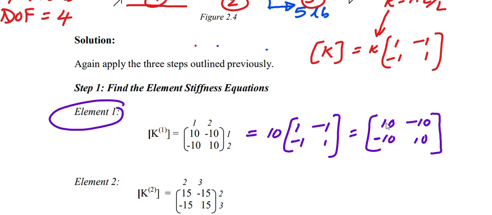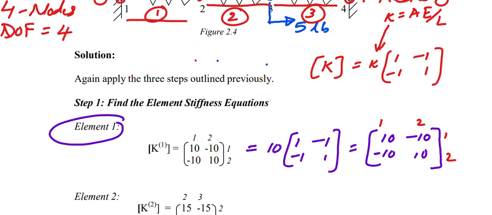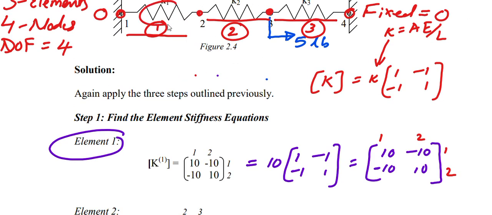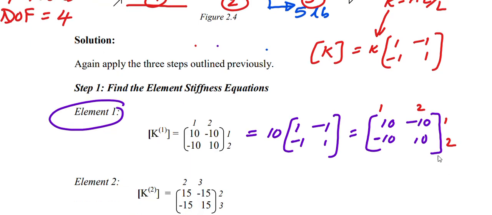It means how it is connected for element 1. Element 1 is connected from 1 to 2. Say this is equation number 1.